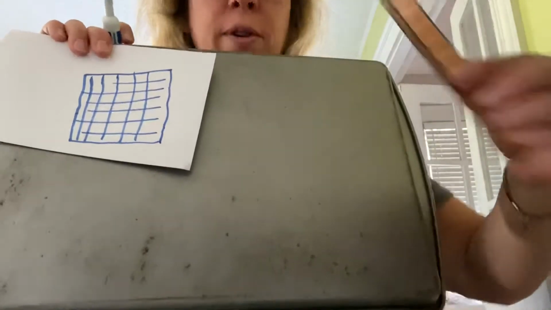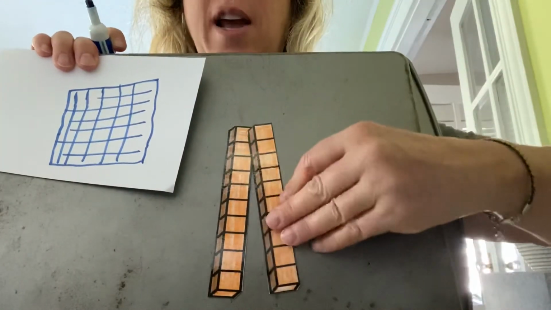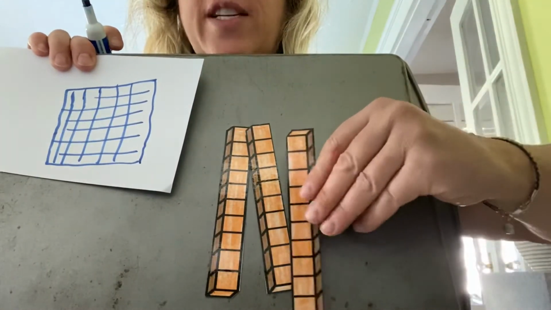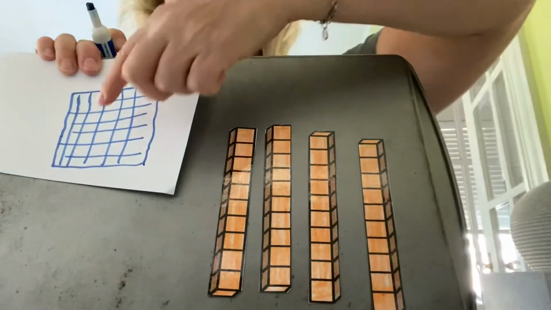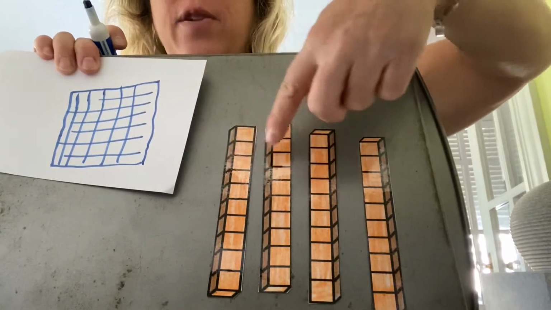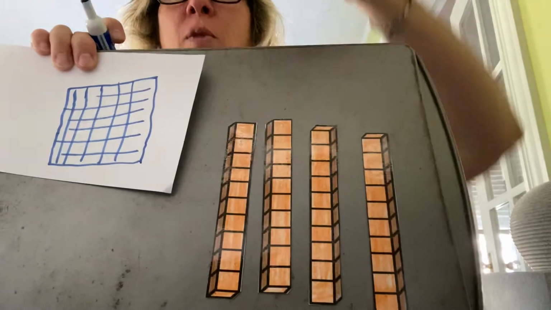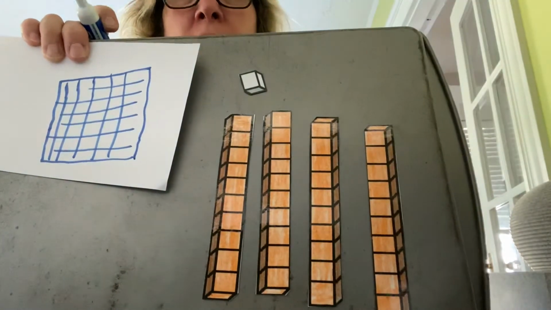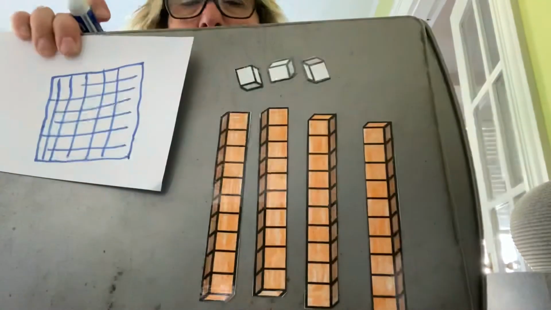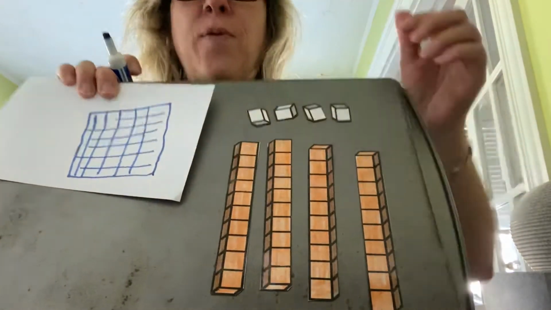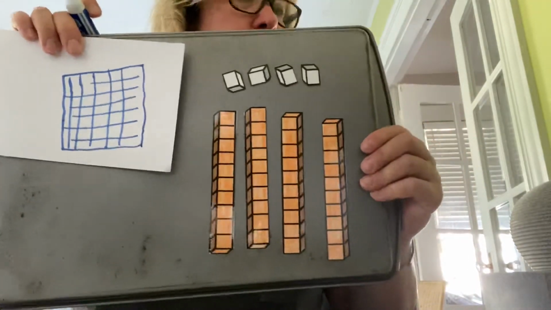And then I'm going to take 1 ten, 2 tens, 3 tens, and 4 tens. Now I have 100, 110, 120, 130, 140, 141, 142, 143, 144. There we go. Good job.